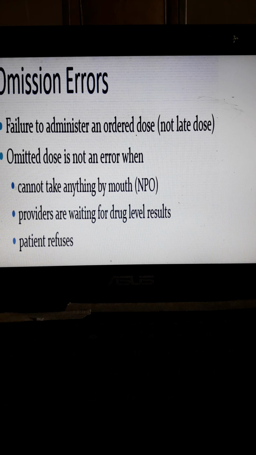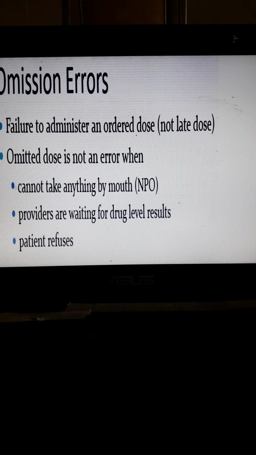An omitted dose is not an error when the patient cannot take anything by mouth. NPO is not an omitted dose. Also, providers are waiting for drug level results. That is very important, because the level of the drug is important, especially if the patient is immunocompromised or an ICU patient.